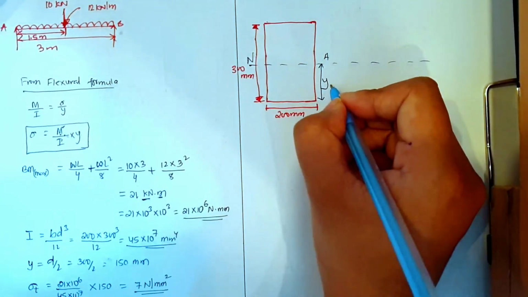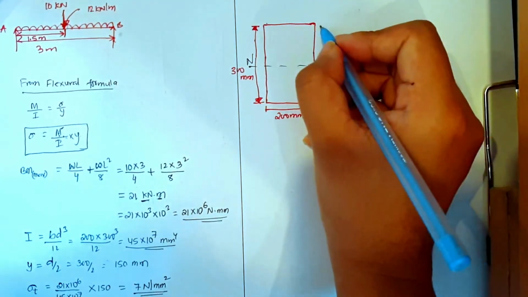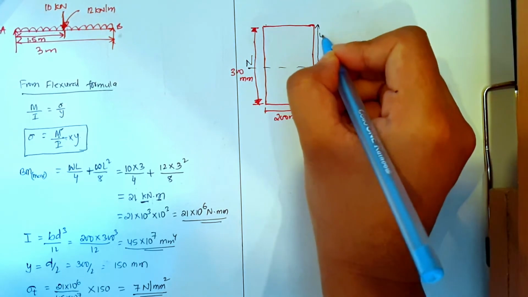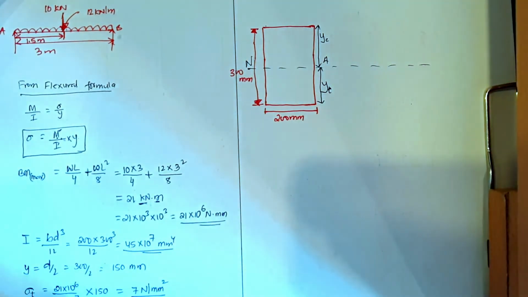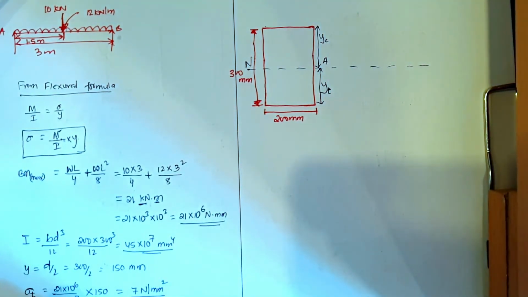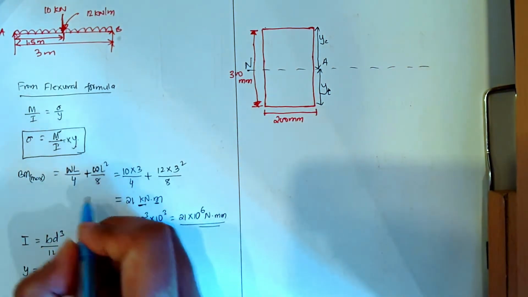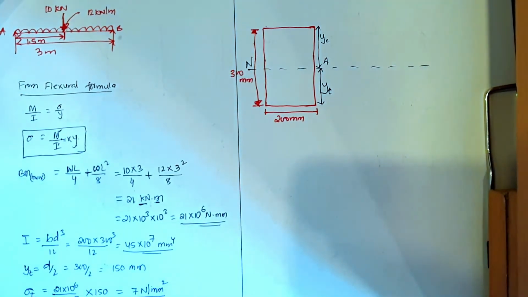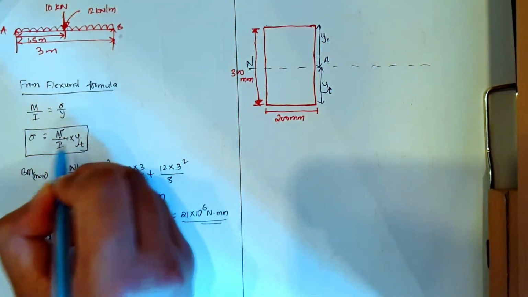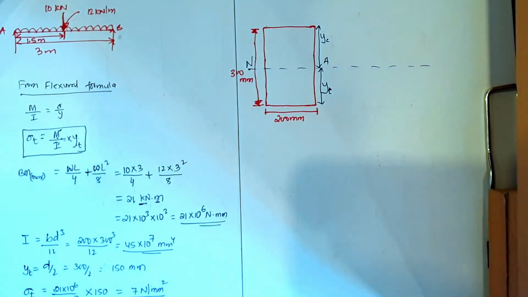Now here this portion is yt and yahan se aadha itna portion is yc. We were finding stress in tension zone, so yahan par kya hoga, this y will be yt also. Okay, here it will be yt if we are finding sigma t.